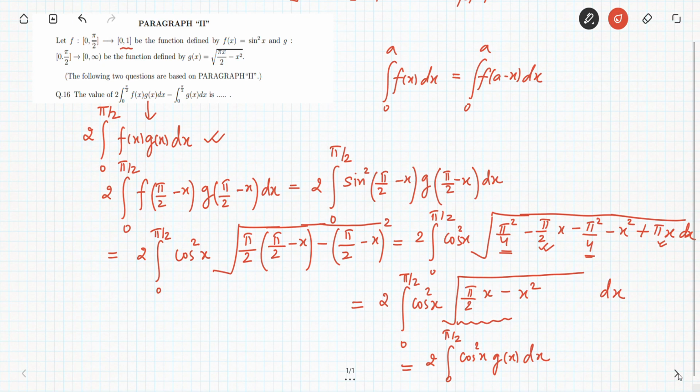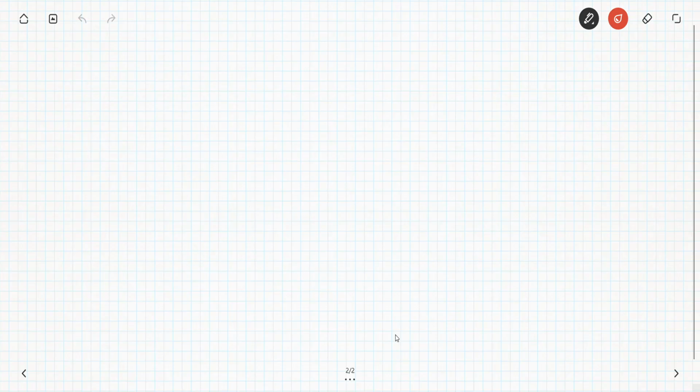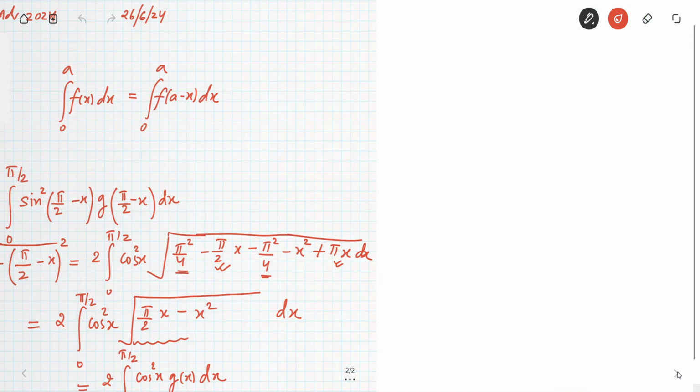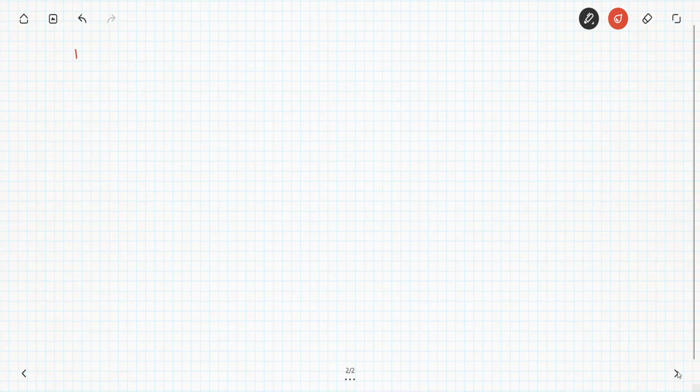Now what I had started with, what I had taken I to be, it is given that it is the integral of sine square x and g(x). Okay, this term was initially sine square x g(x). So what I can write from here, I is equal to twice the integral from 0 to pi by 2 of sine square x g of x dx.